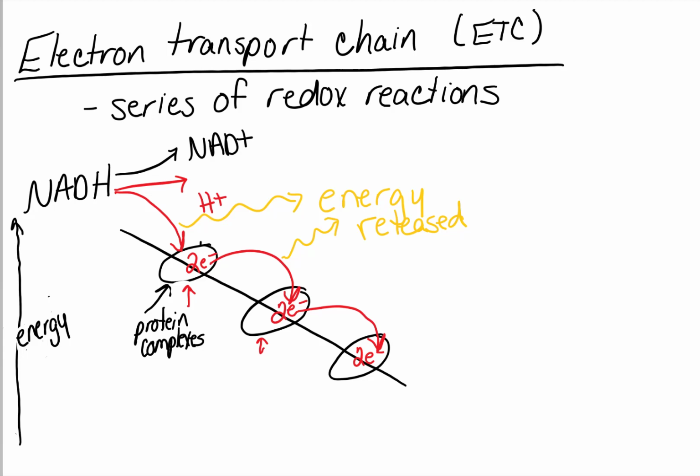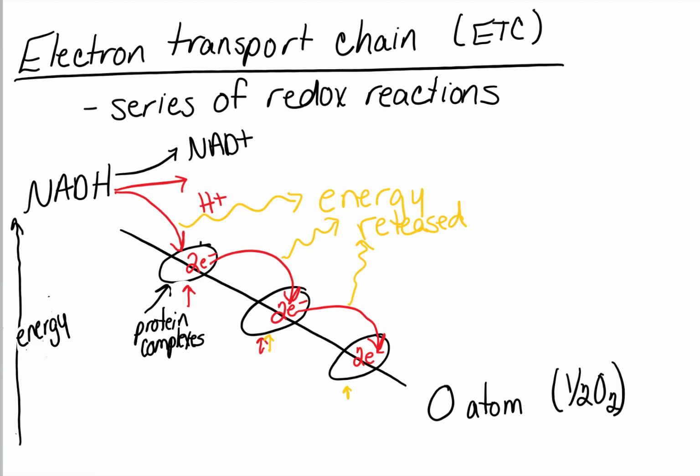Each time releasing energy and they themselves holding on to a little less energy. Again, energy is released as this protein complex becomes oxidized and this protein complex becomes reduced. Now, the final electron acceptor in the context of the electron transport chain is an oxygen atom. And your book designates this as half of an O2 molecule.